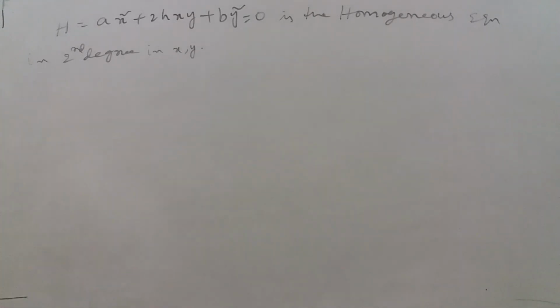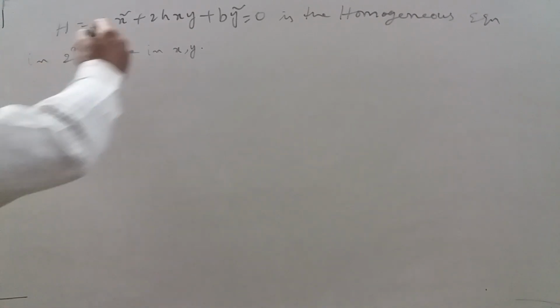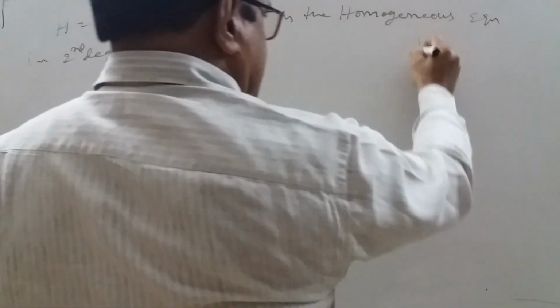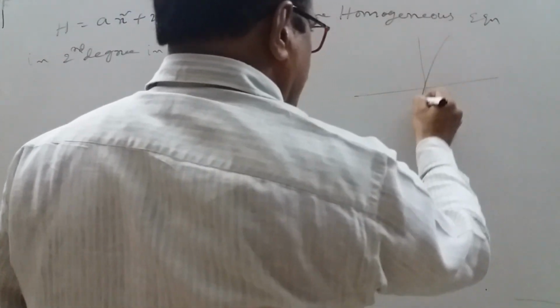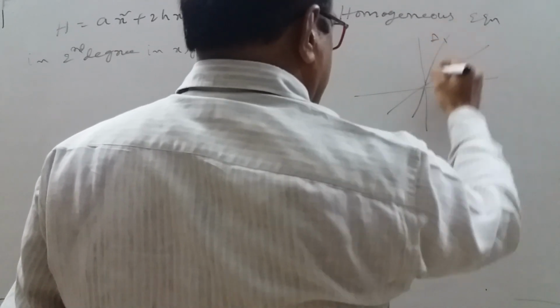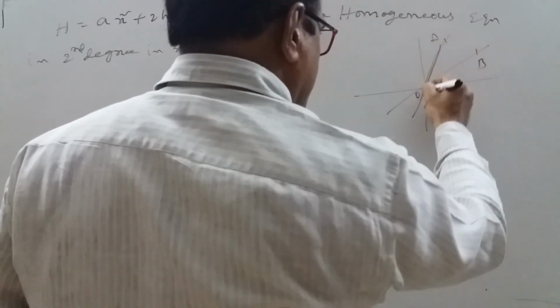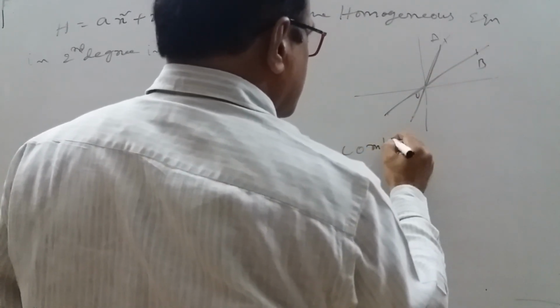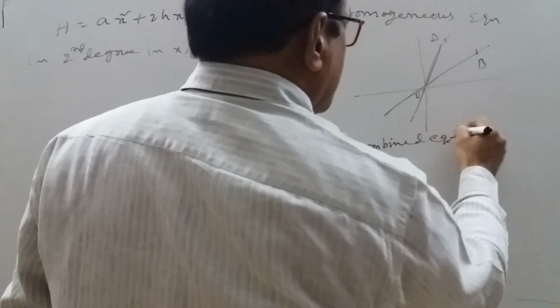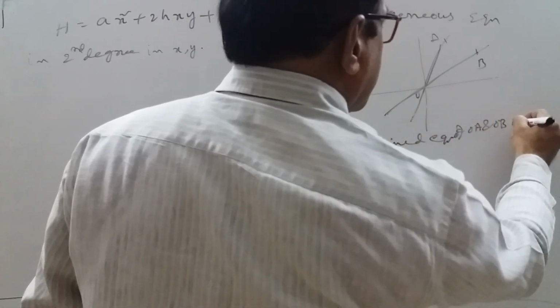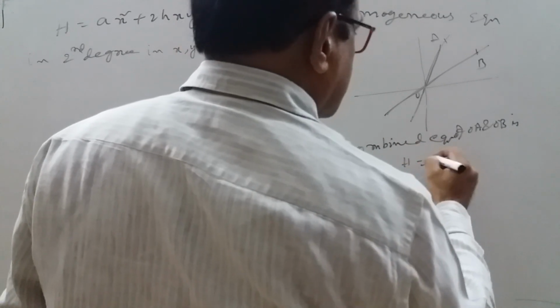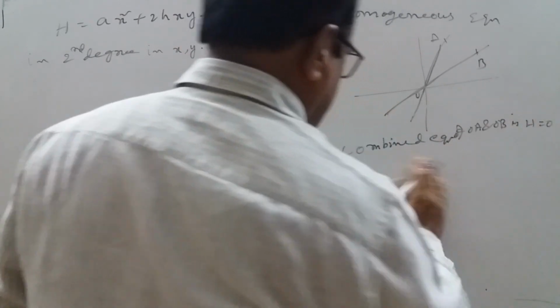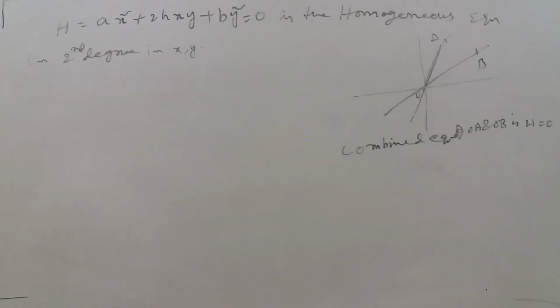It represents a pair of straight lines passing through the origin, O. The combined equation of OA and OB is H is equal to 0. That is the first point we have to remember.